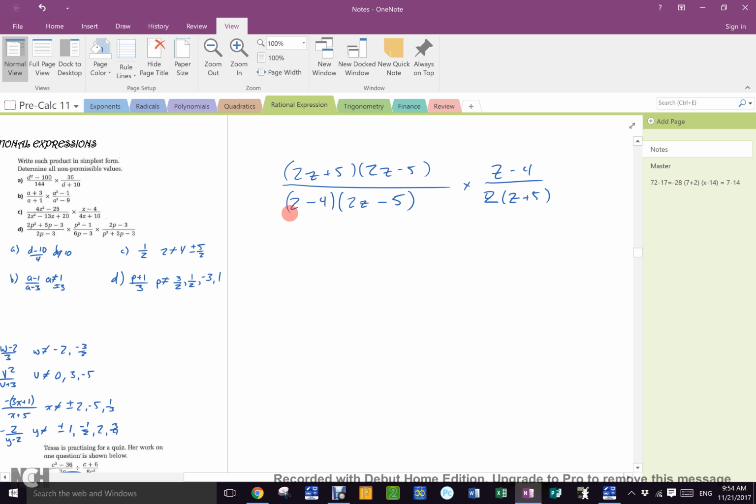Then cancel, z minus 4, z minus 4. 2z minus 5, 2z minus 5. 2z plus 5, 2z plus 5.